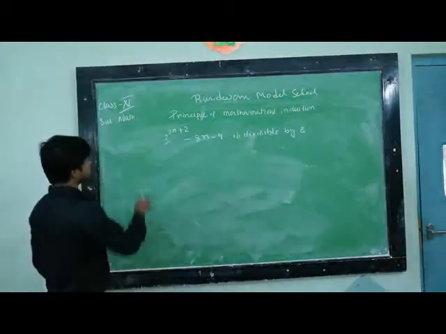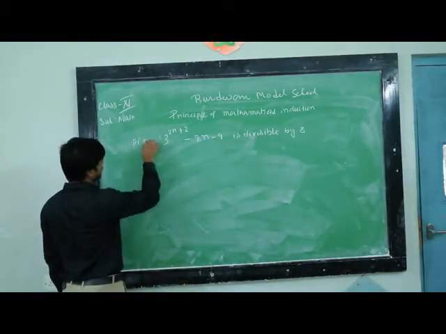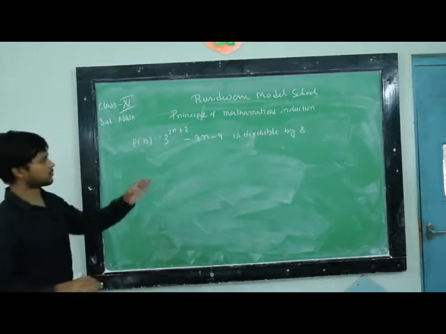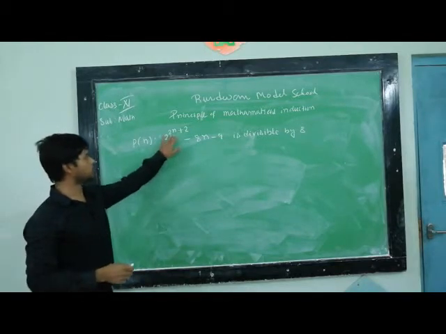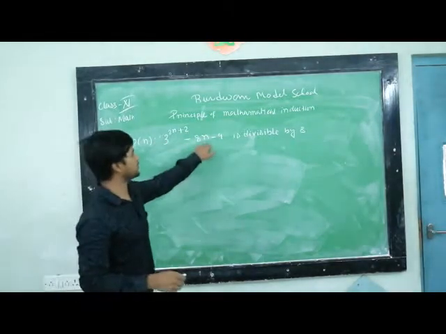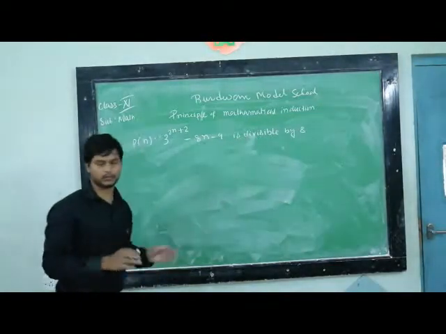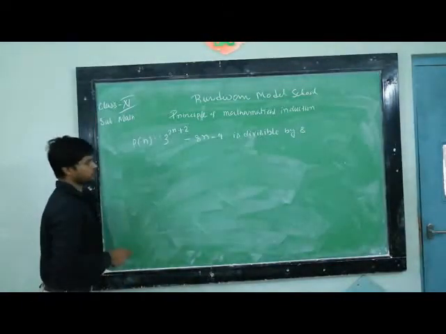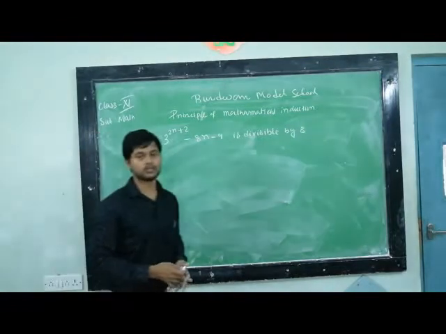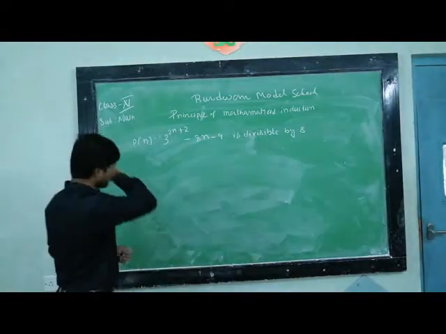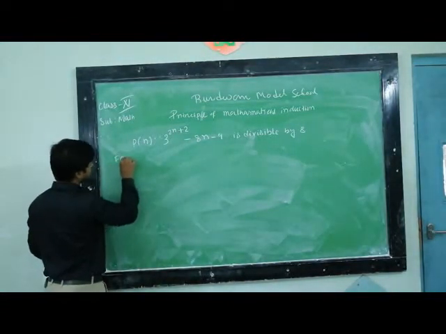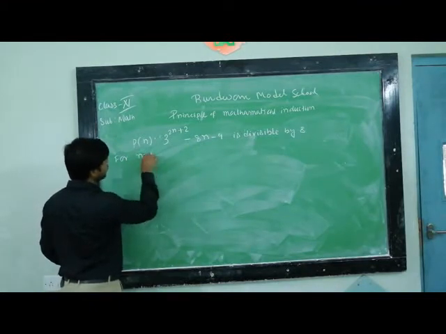So we'll consider the given statement as P of n. So P of n is equal to 3 to the power 2n plus 2 minus 8n minus 9, which is divisible by 8. We'll check whether the statement is true for n equal to 1 or not. So for that put n equal to 1.